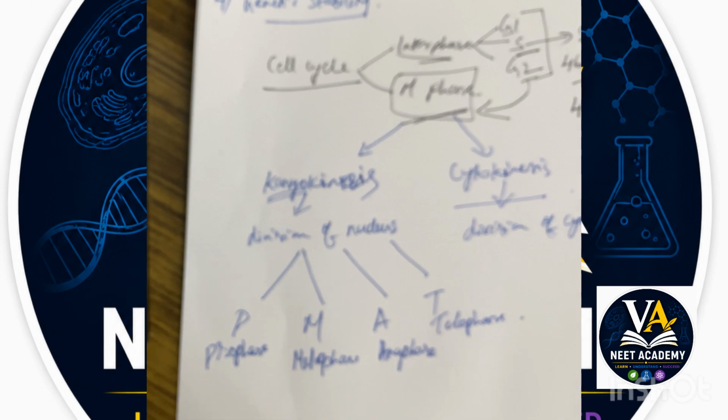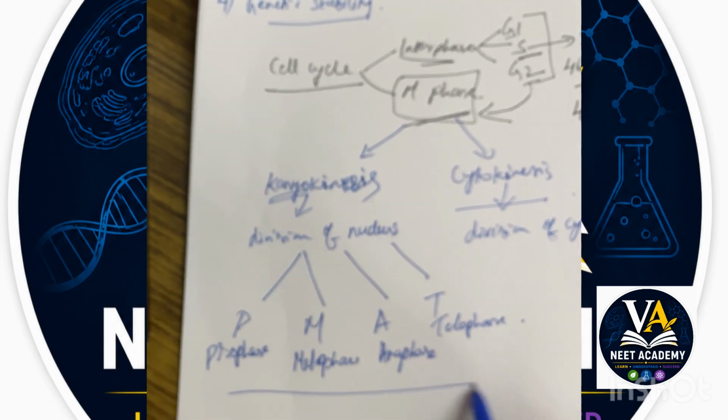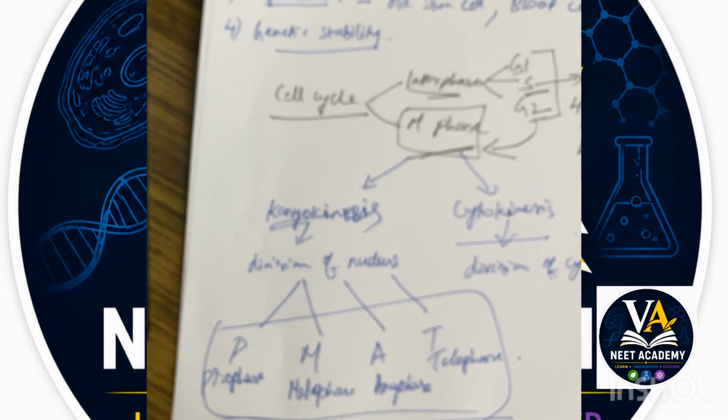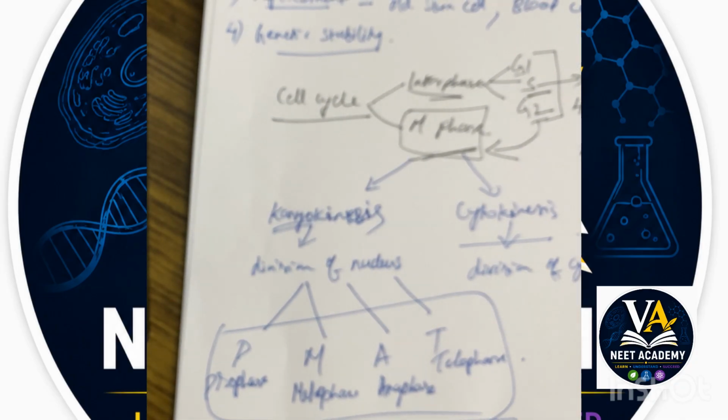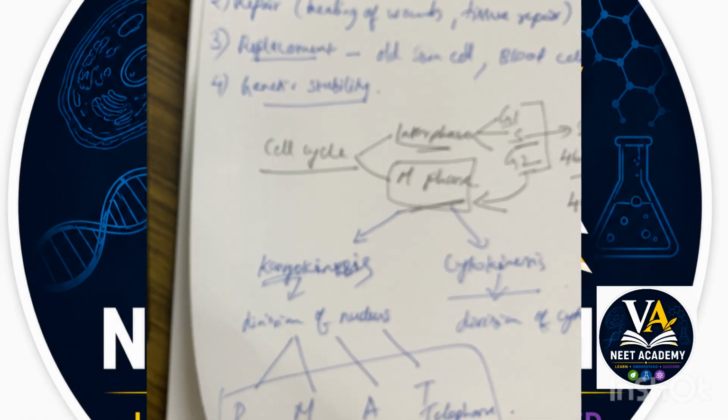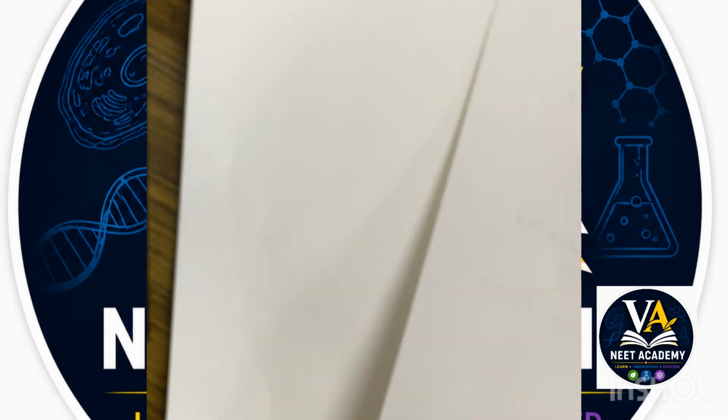So karyokinesis is divided into PMAT. Remember the easy trick to remember, PMAT: Prophase, Metaphase, Anaphase and Telophase. So, we will see in detail now what these stages are.